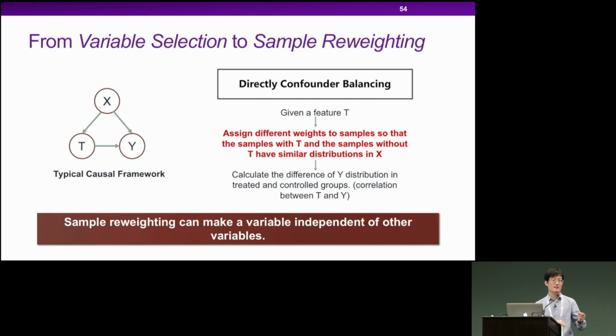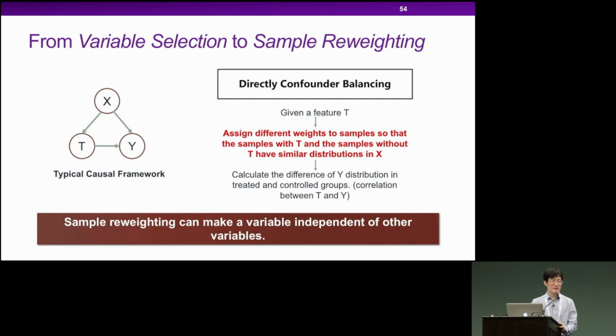This enlightens us that by sample reweighting, we can make a variable independent. And if the variable is independent, then we just need to do a direct regression of y on t, and the coefficients correspond to the causal effect, right? So that's the intrinsic idea of the sample reweighting.